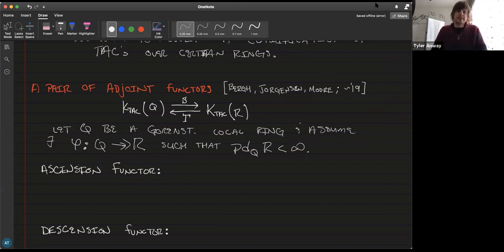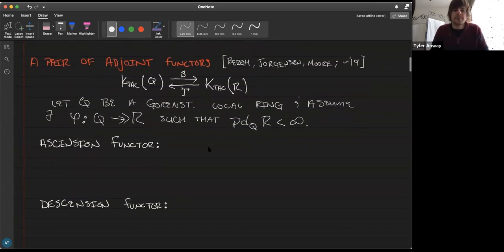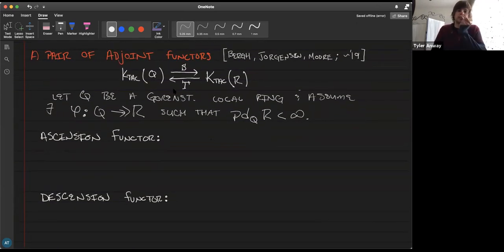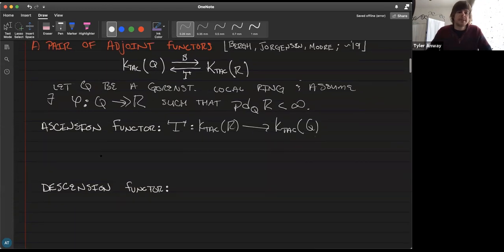So let's first take the Ascension Functor, specifically the one that takes elements of Ktac R to Ktac Q. We say this functor T from Ktac R operates in the following way.